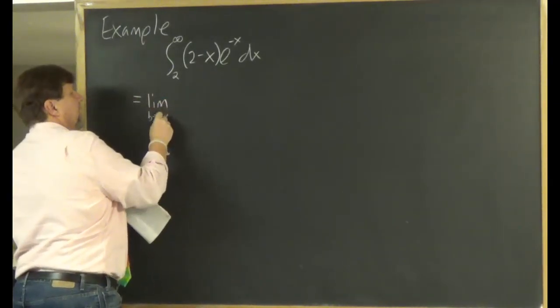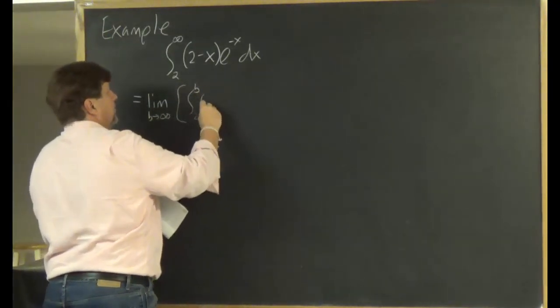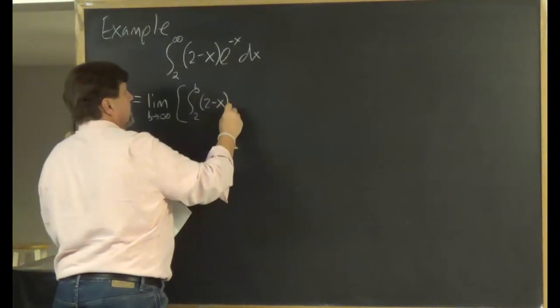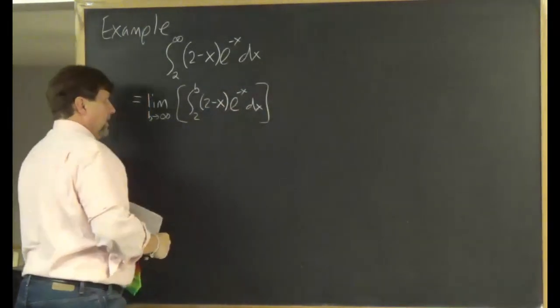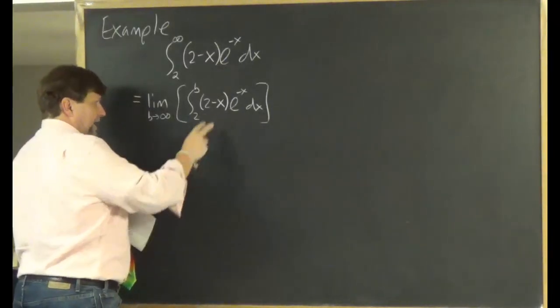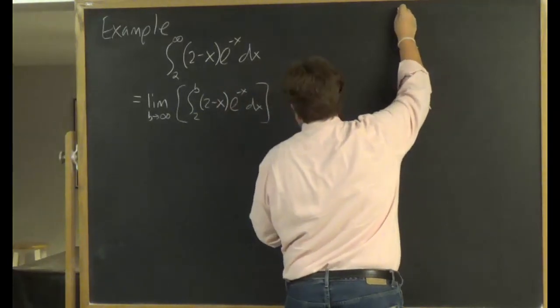Limit as b goes to infinity. The integral from 2 to b, 2 minus x e to the negative x dx. So now I need to figure out this antiderivative. So as always, let me bring it over here.